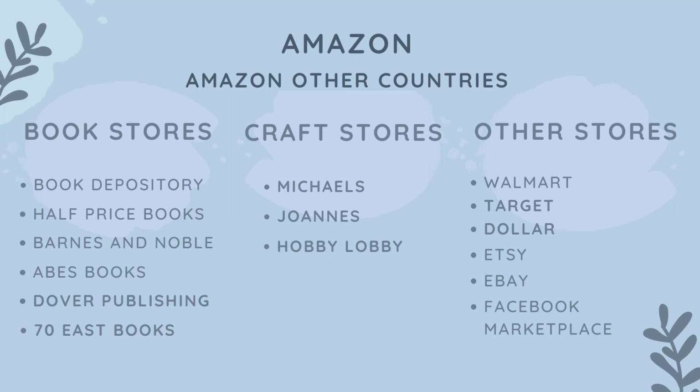Places like Dover Publishing, I've seen quite a bit. I personally haven't done anything with them, so I can't speak of that. 70 East Books, I believe, is out of Korea, but they have a really good selection of books as well.